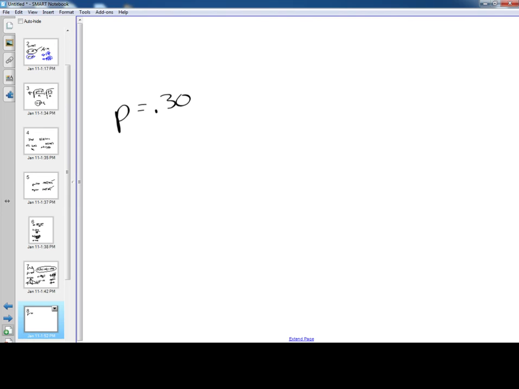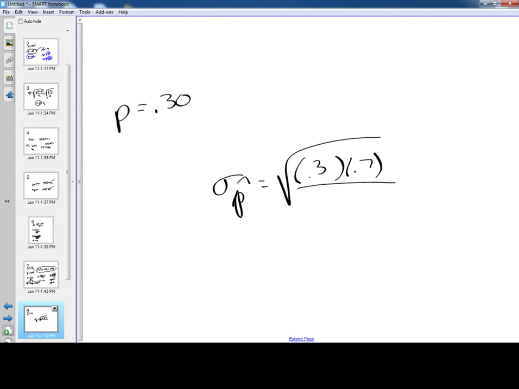If they were going to find the standard deviation, that's the square root of 0.3 times 0.7, and then they're going to divide it by how many they sampled, 750. So they're taking the 750 and decreasing it, and now it's 0.3, 0.7 over 375. They're doing half of that.